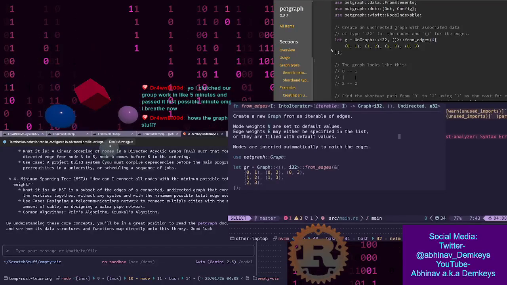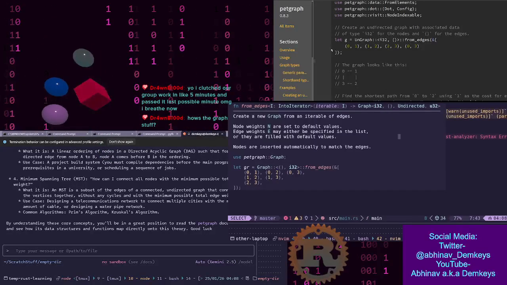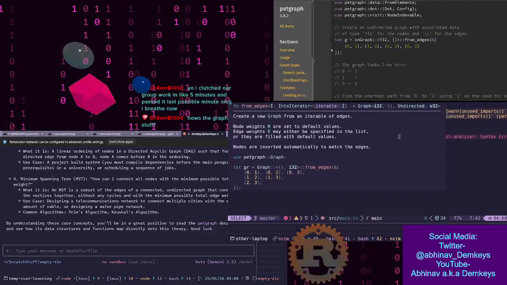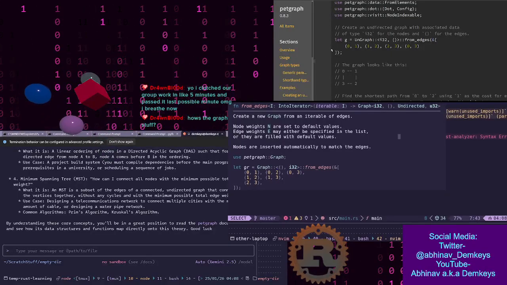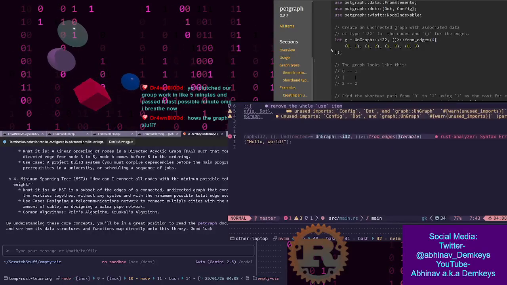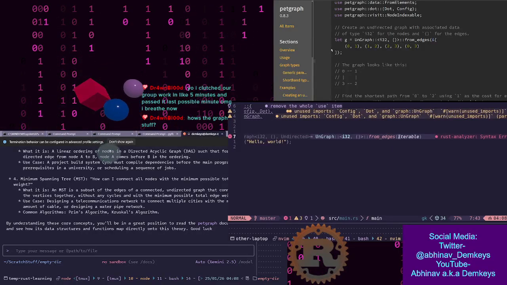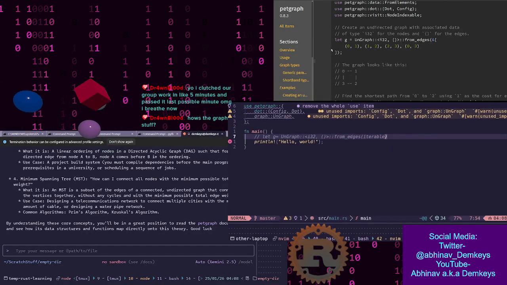For now, I'm trying to use the petgraph API to create a graph and then print out the dot graph syntax version of it. Now this requires an into iterator, right?